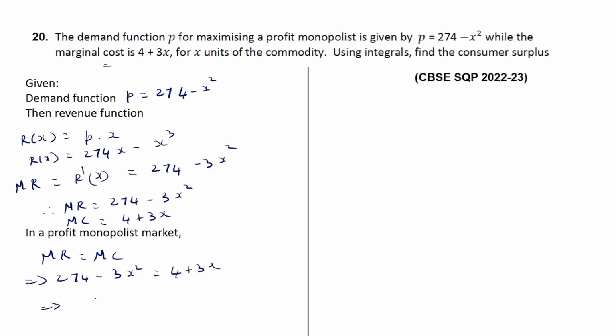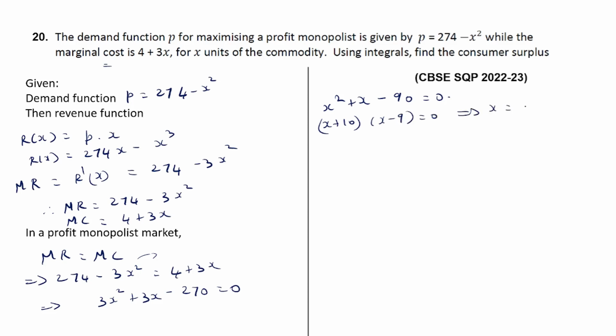Let us bring all the terms to one side. If we take this to the other side, we get 3x square plus 3x minus 270 equal to 0. If we divide the entire equation by 3, we get x square plus x minus 90 equal to 0. So this is a quadratic equation in x. We can factorize this as (x plus 10) into (x minus 9) equal to 0.